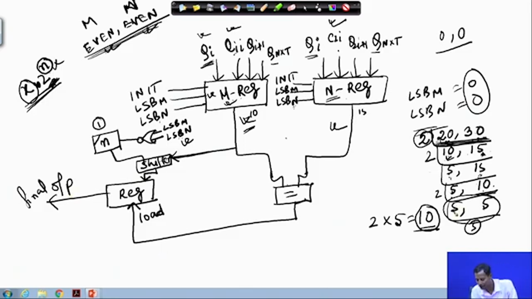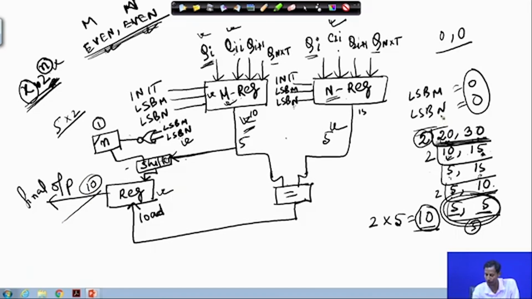Once I reach 5 and 5, at that time this is 1, this is 5, this is 5. So 5 into 2, as the counter has been increased only 1 time, 5 will be multiplied by 2, this result will be 10, and it will produce the output as 10.